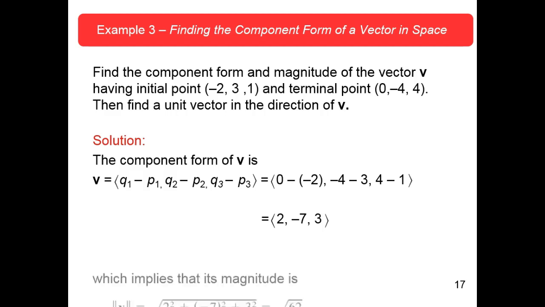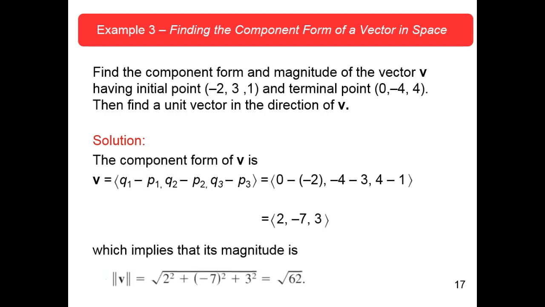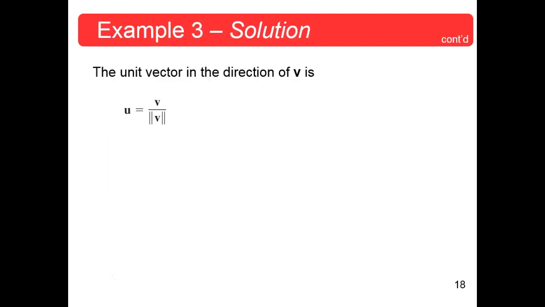Exactly what we got. Then to find the magnitude of that, we just square each component, add them together, take a square root. Gives you root 62. Got it? Same thing we did. And then to find the unit vector, put those together: the vector V divided by its magnitude. They wrote it this way, which is perfectly fine, a little more concise: 1 over root 62 times the vector 2, negative 7, 3.